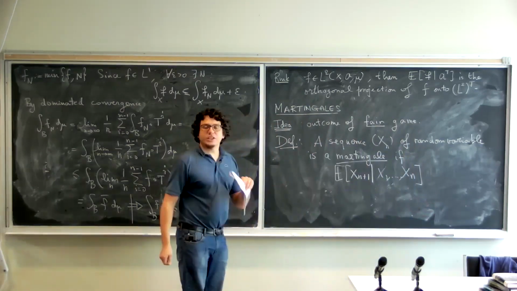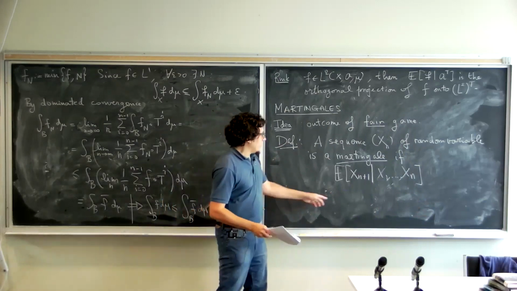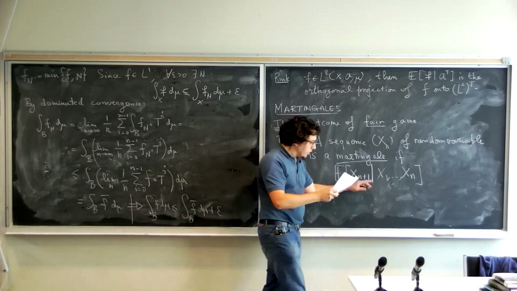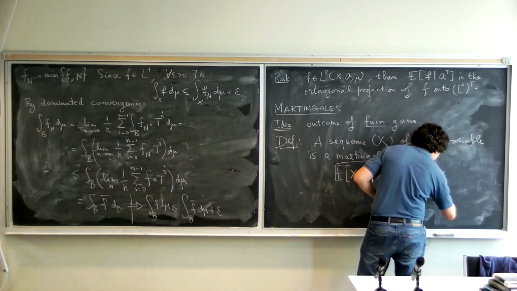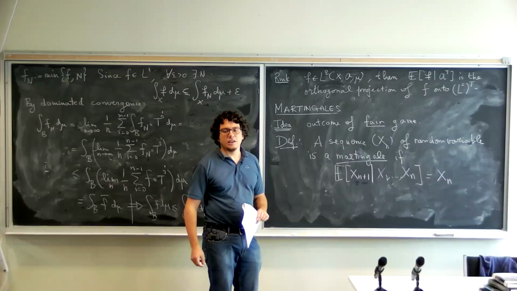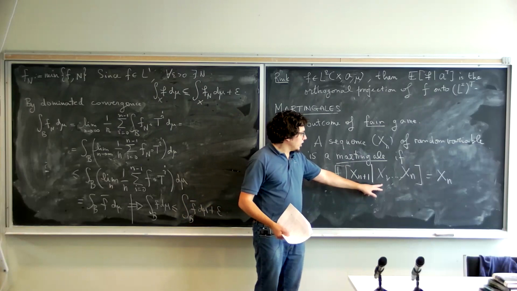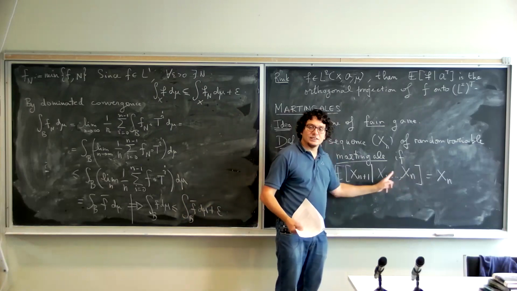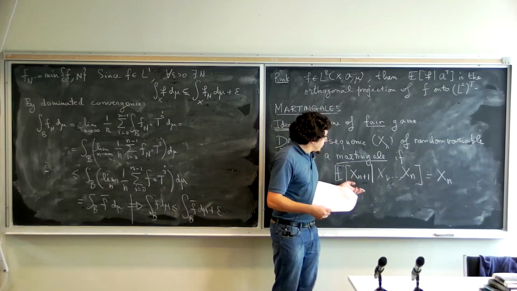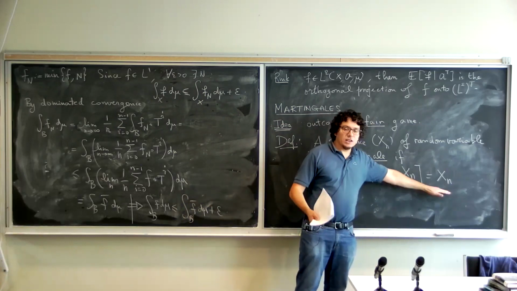So I know what happened until yesterday. What's your best guess for your average wealth today? If you know the history until yesterday, your best guess is that you will be as rich as yesterday, just xn. So this is still a random variable because it depends very much on your past. But for the future, you don't have any better guess. Of course, things could go better or worse for you, but that's your guess.